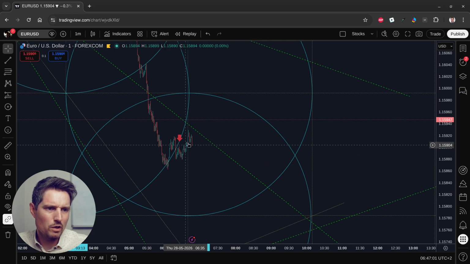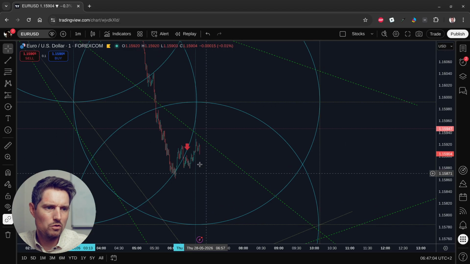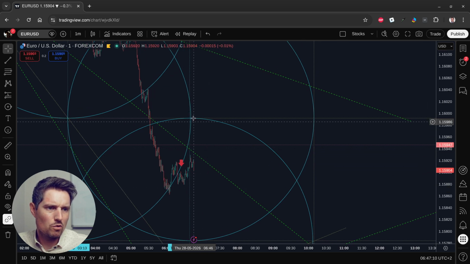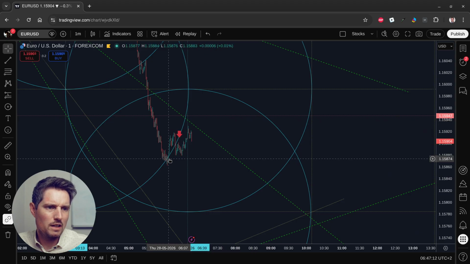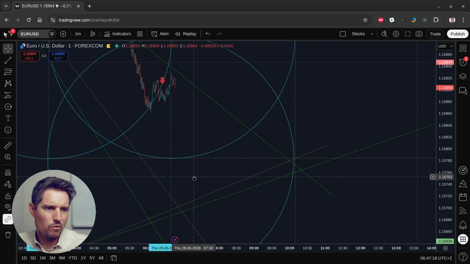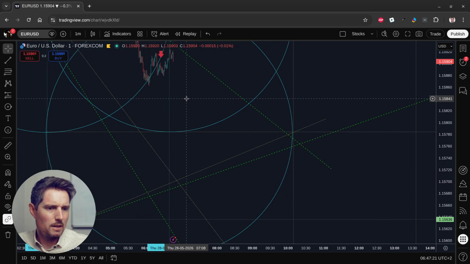It's now looking for a wall to bounce up against. I was thinking maybe it could be this line, maybe this horizontal or this horizontal line. But I took a position anyway. It's a small position because I think that price will definitely move further down.